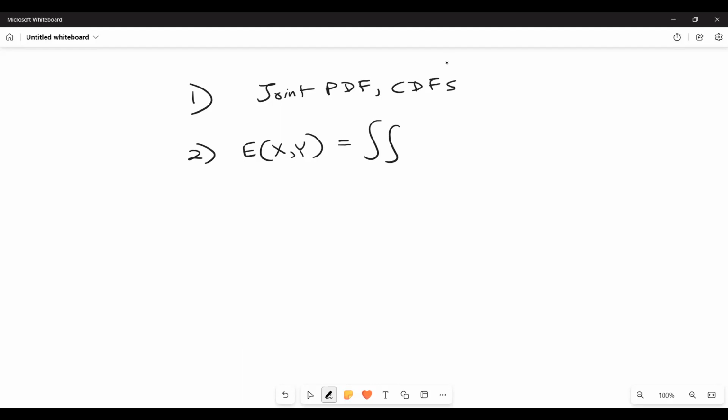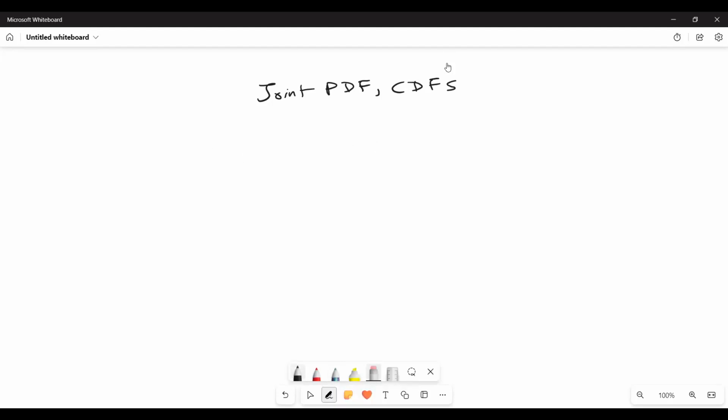So if I take, for example, a situation of finding the expectation value, right? If I want to find the expectation value, I need to know these PDF values and CDF values.